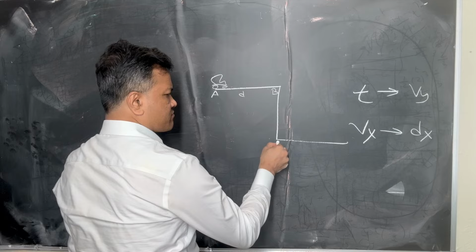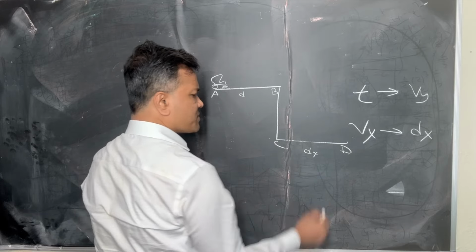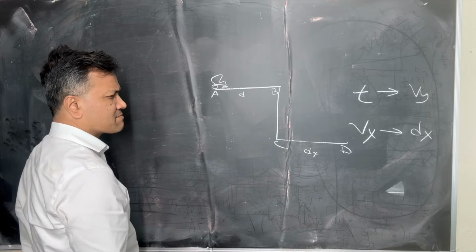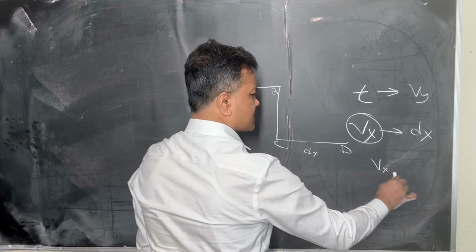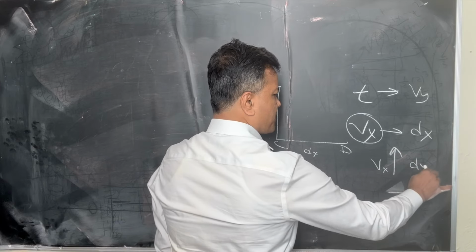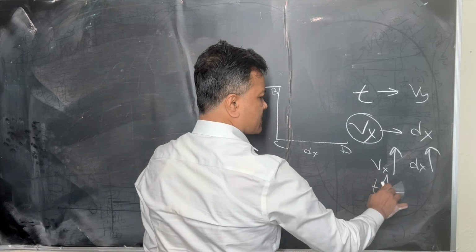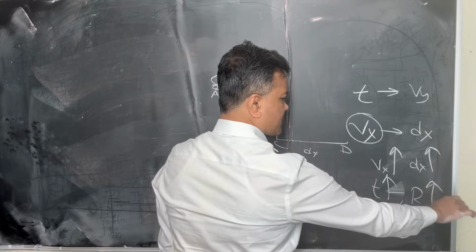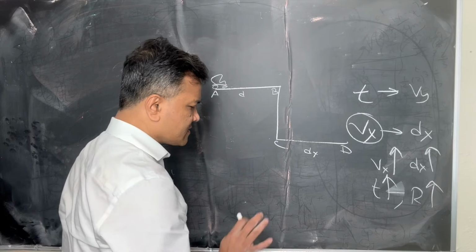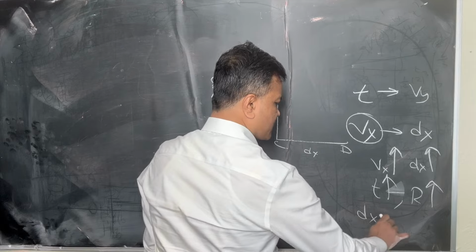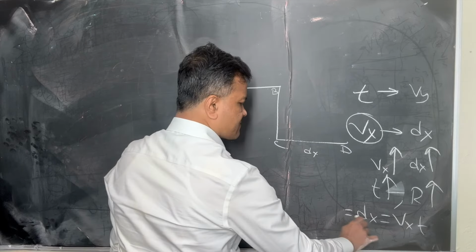Location C to D, this is called range, right? So if Vx goes up, range goes up. If t goes up, range also goes up. Okay, so why is that? Because dx is Vx t. dx is range.